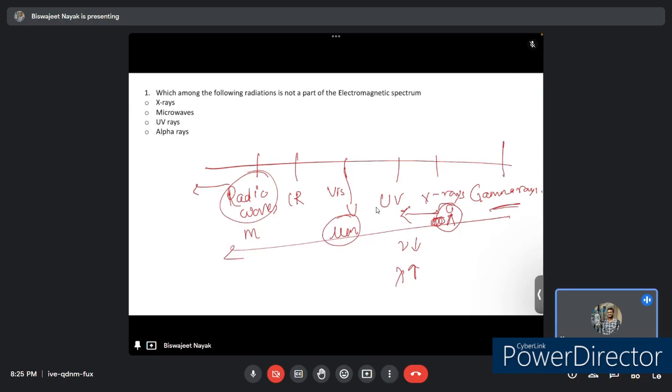With visible light we have the resolution of micrometers, as we have already seen in the optical microscope. So we have X-rays, microwaves and UV rays in the electromagnetic spectrum, but we don't have alpha rays. So alpha rays will be the answer.